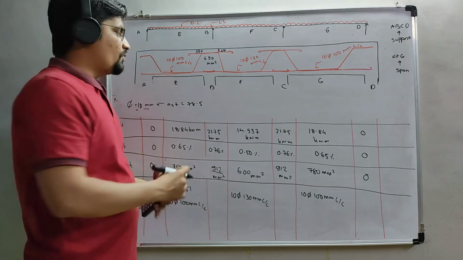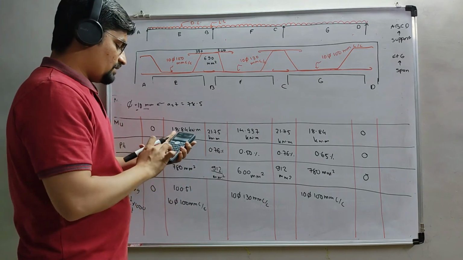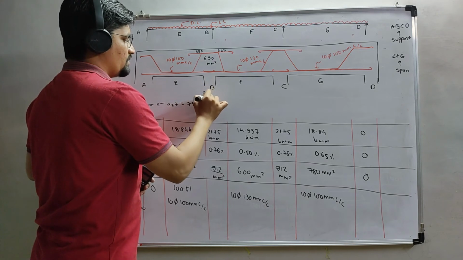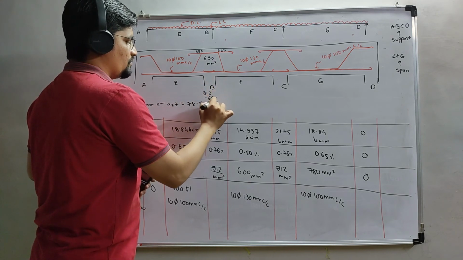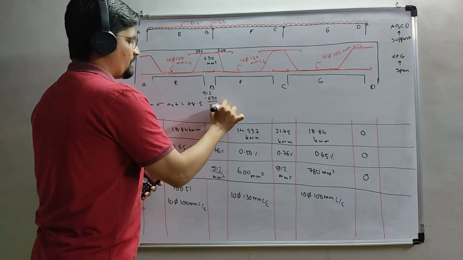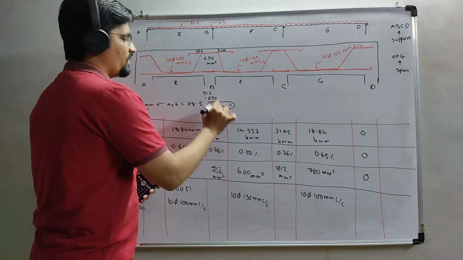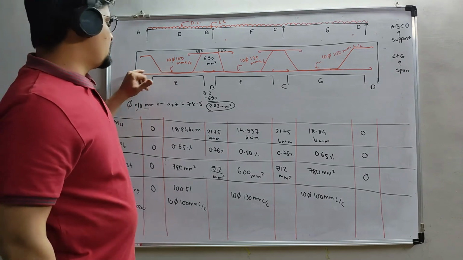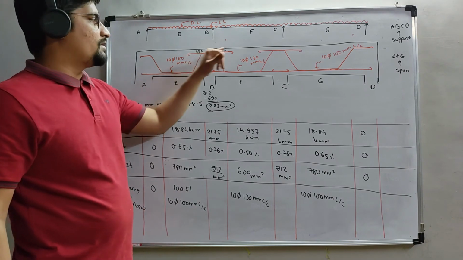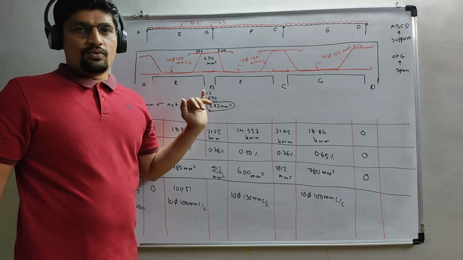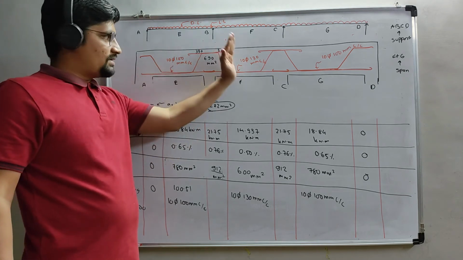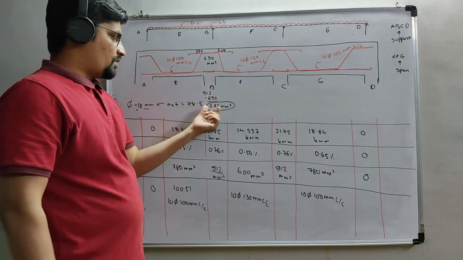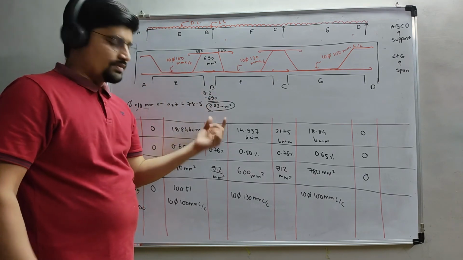So the remaining portion is 912 minus 690, which is equal to 222 mm square. So we need to provide the bar for the remaining portion, because already this reinforcement is going in the bent up way towards the hogging portion. That's why the half AST is coming here from here and half from here. So we have to provide 222 mm square.